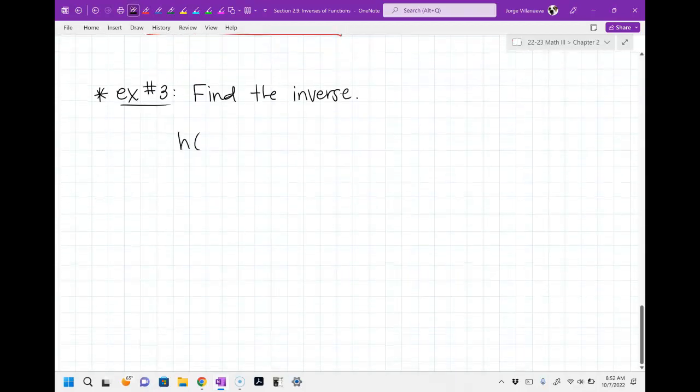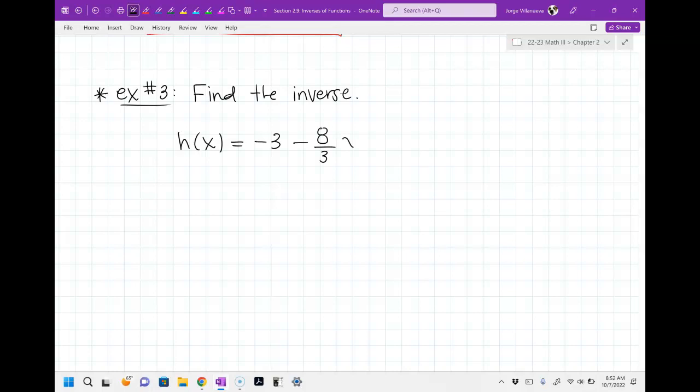So h of x is equal to negative 3 minus 8/3 x. Just so you know, example 2 was a fraction. There are going to be 2 of those types. Example 1 was a linear function, like 2x minus 4.